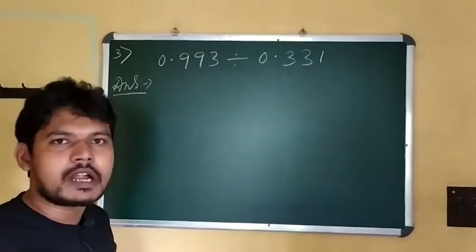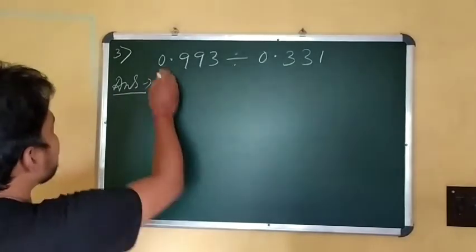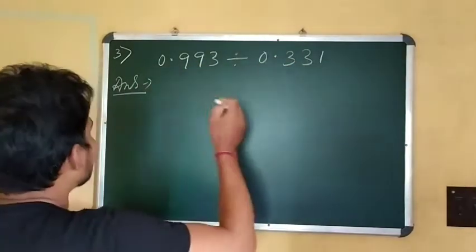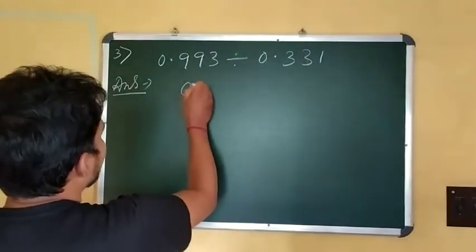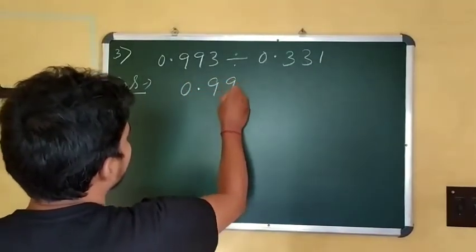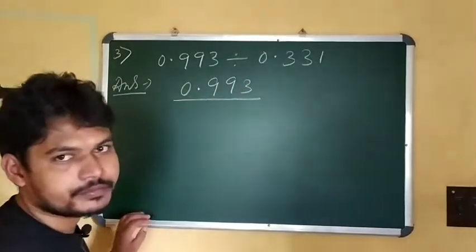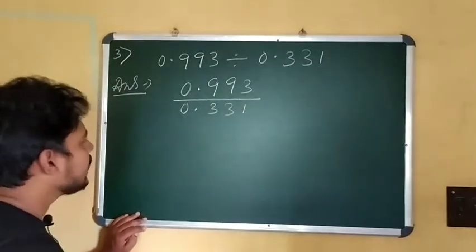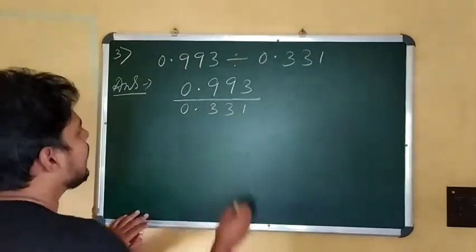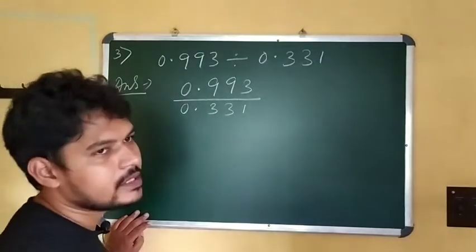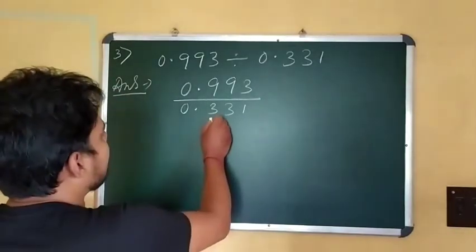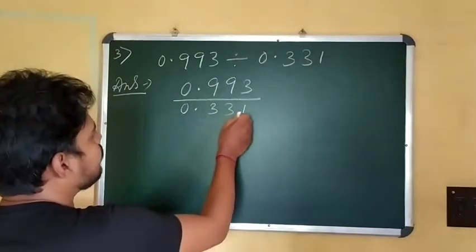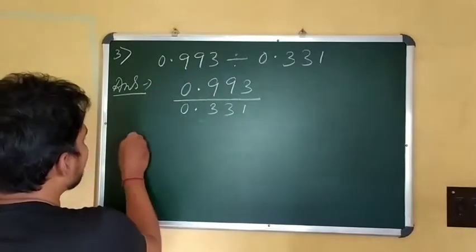Let's see our third example. Here the dividend is 0.993 and the divisor is 0.331. So at first we know that we have to represent this in fractional form, 0.993 over 0.331. Then our second step is that you have to count how many decimal places there are. The digits written at the decimal places are 3, 3, 1. Then we have to multiply.